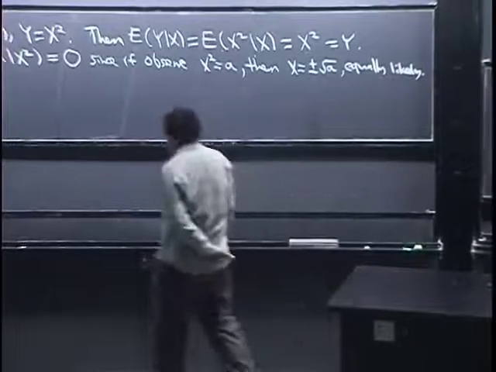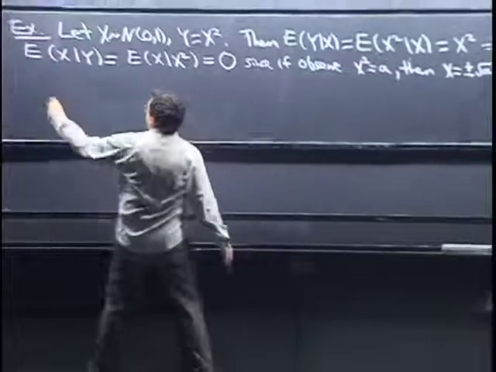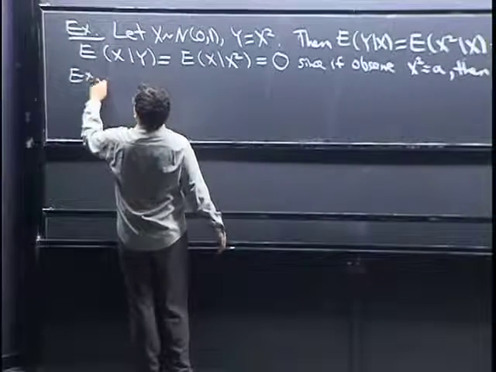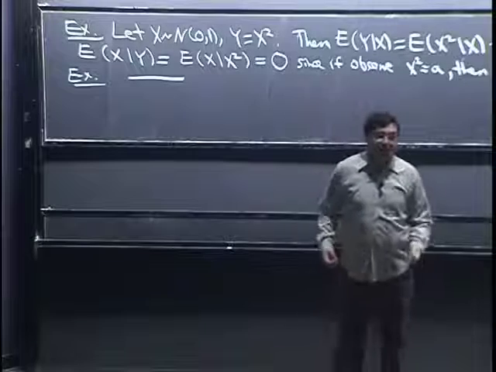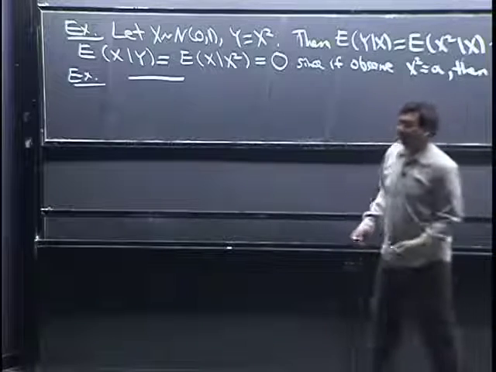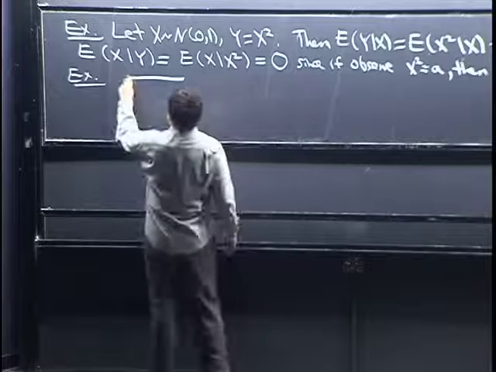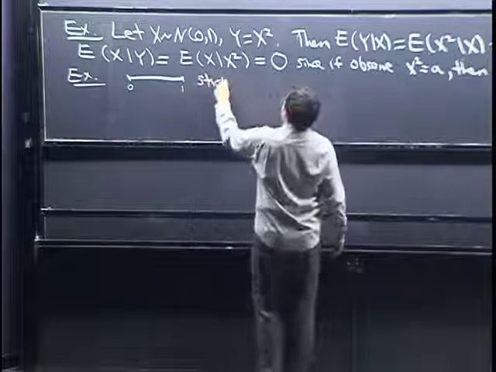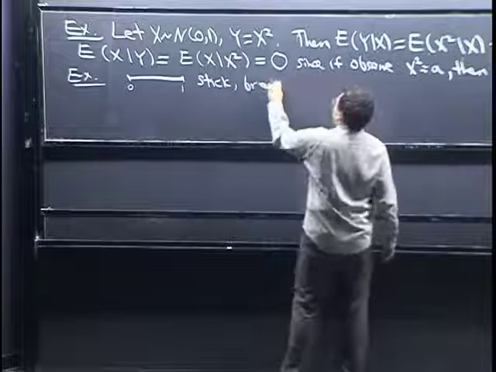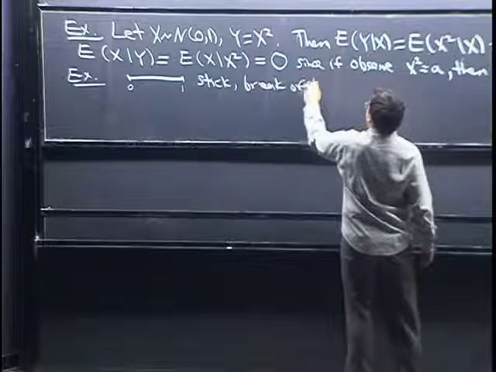All right, well, let's do another example. Just another quick example. Okay, so suppose we have a stick, we've had kind of these stick breaking type problems. We have a stick, let's say it has length 1, and break off a random piece. And by random here, I mean uniform.